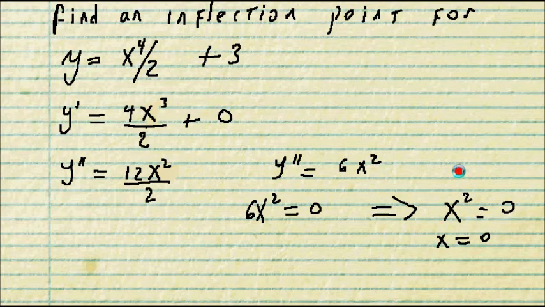Okay? So now note the domain of this function, being a polynomial, is from negative infinity to infinity. It's the whole real line.